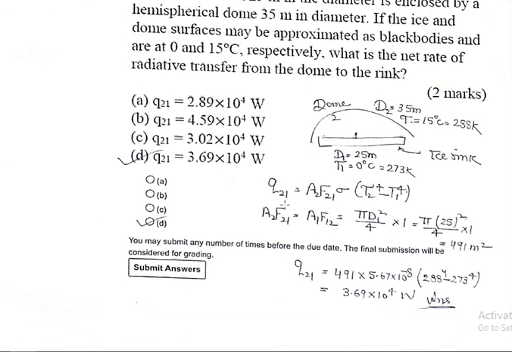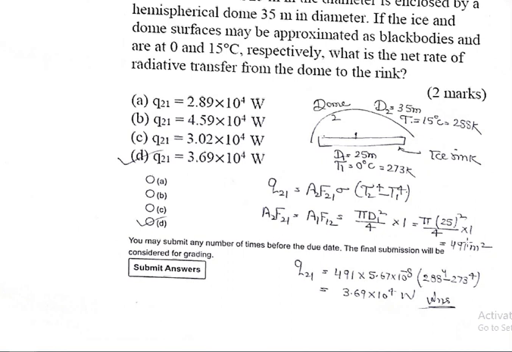First we will calculate A2 F21, which is pi d1 square by 4, the area of the ring, into 1. The shape factor is 1 because all the radiation coming from the dome will be incident on the ice ring. So here F12 or F21 will be 1.